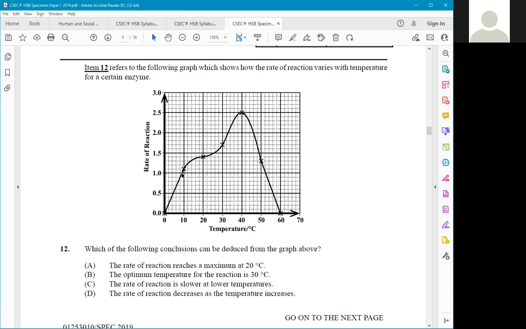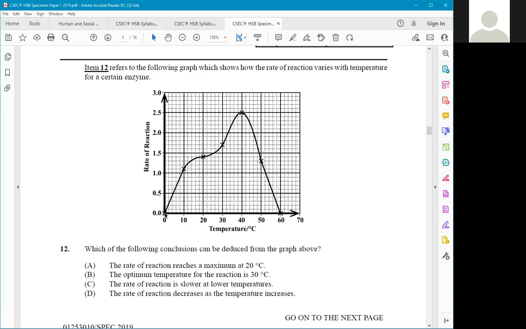So as the line goes up, that means the rate of reaction is more, or it is higher. And as you go further across the graph, you're looking at the temperature in relation to where the rate of reaction is. So at 0 degrees Celsius, there's no reaction according to this.